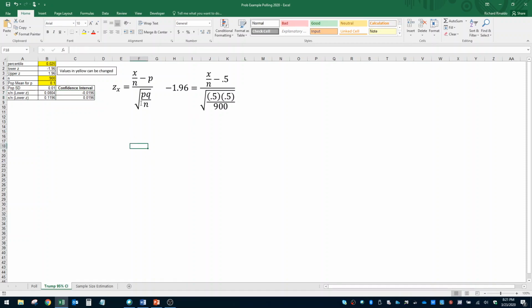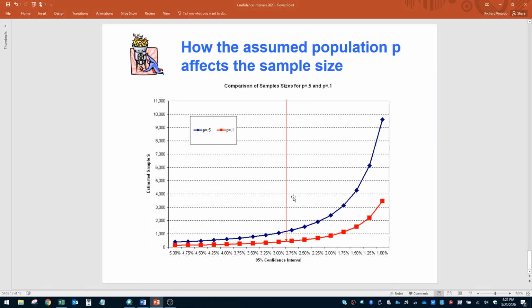So since I don't really know what the true proportion is in the population, if I assume 0.5, it gives me the most conservative estimate of what the confidence interval is. So I'm just being conservative. Pick as an assumption a base proportion of 50-50, p equal to 0.5, because it gives me the highest estimate of what the confidence interval truly is. And that is the end of our recording.